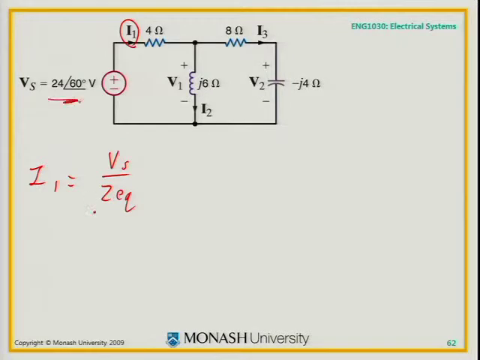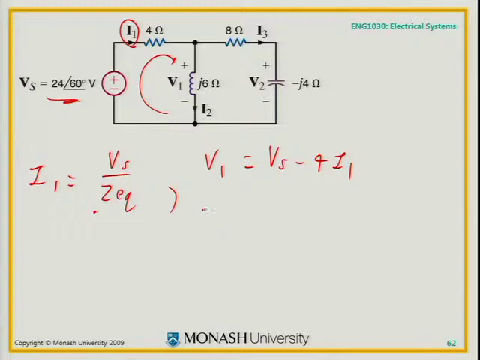I'm given Vs there. Once I had I1, well, what's V1? I could do Kirchhoff's voltage law around there and write it as Vs minus 4I1. As I said, whatever you would have done if they were just resistors.